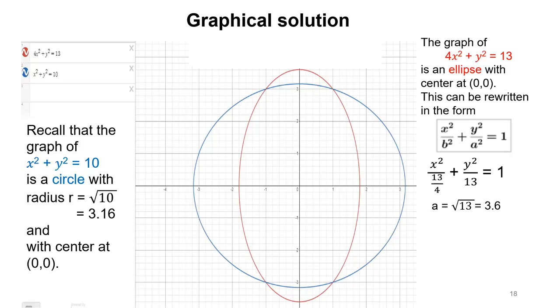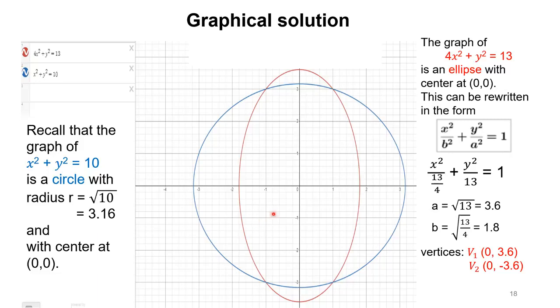That is, our a here is equal to square root of 13, which is 3.6, and our b is equal to square root of 13 over 4, which is 1.8. So that when we graph that one, we will have our value for the vertices of V sub 1, 0, 3.6.